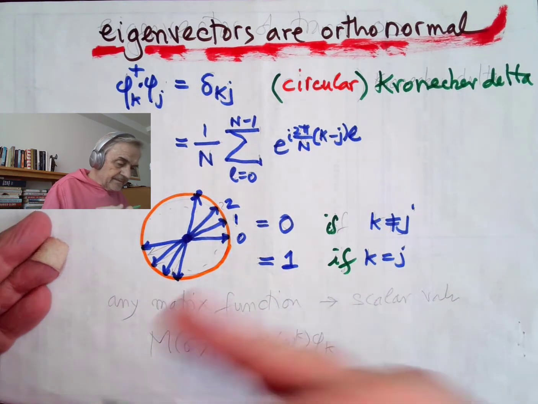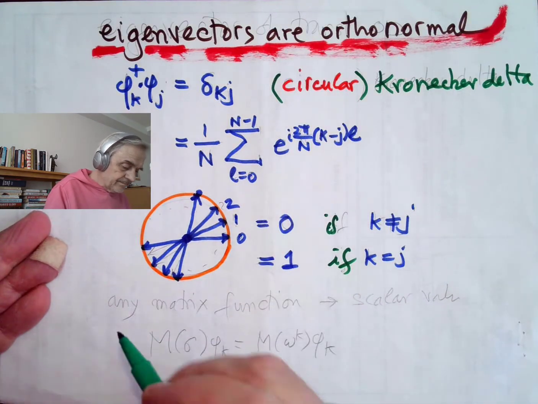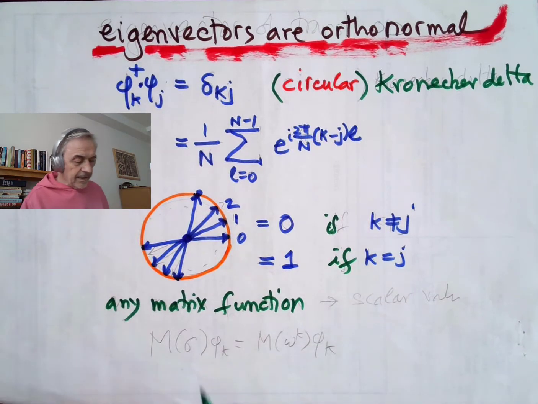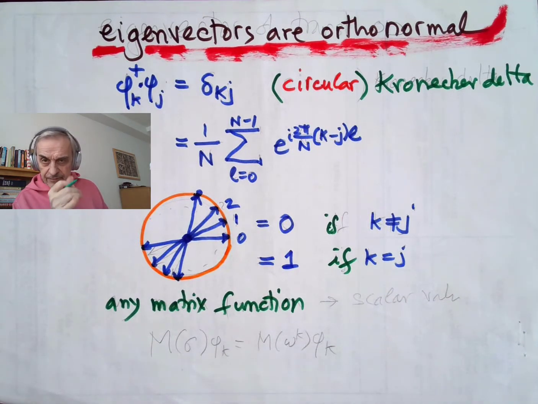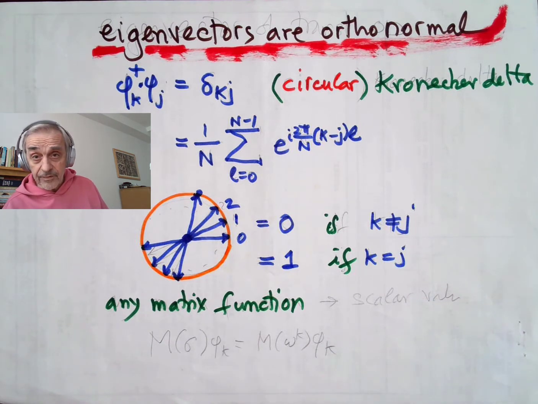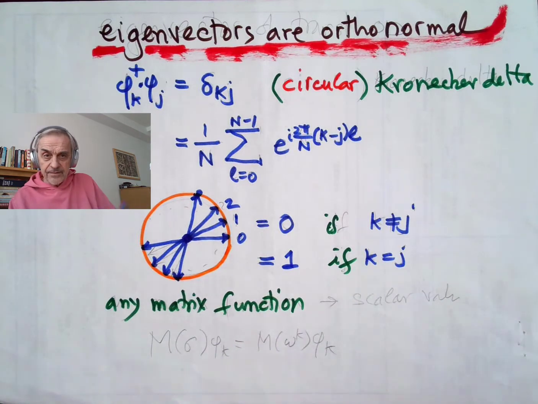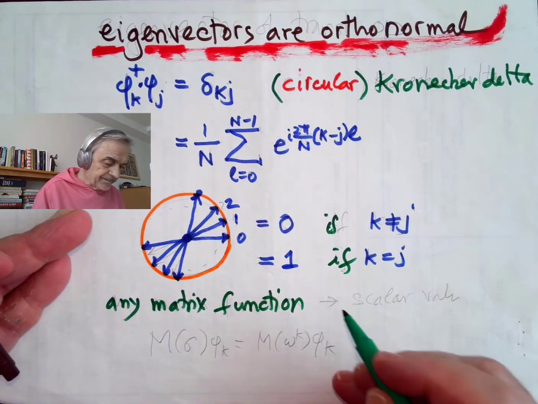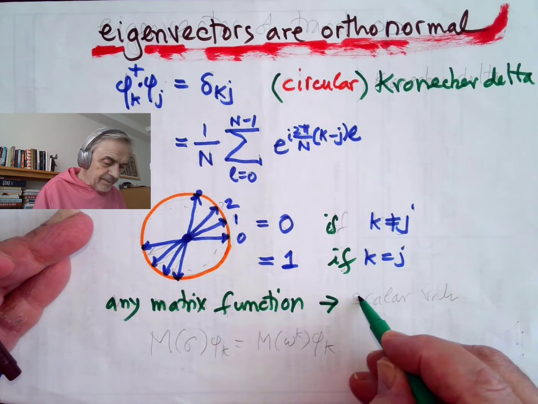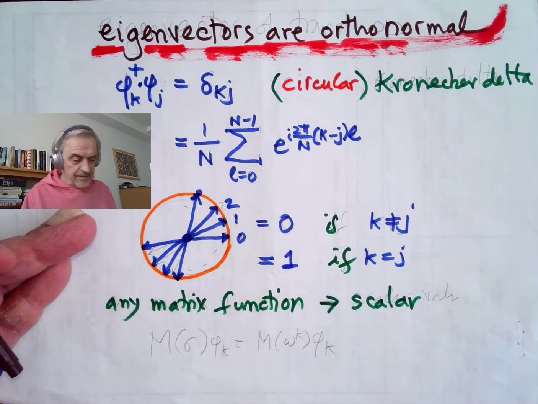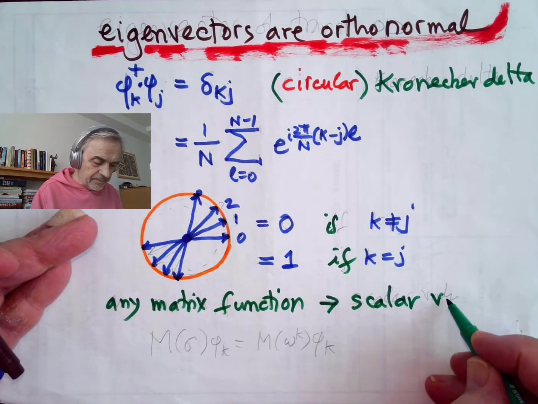We know that any matrix function, either constructed of the shift operator, or constructed of matrices that commute with the shift operator, matrices that are the same any place on an infinite line or on a circle, will just be a scalar function, a one-dimensional function on each subspace.